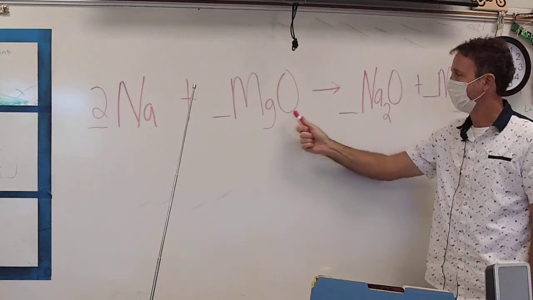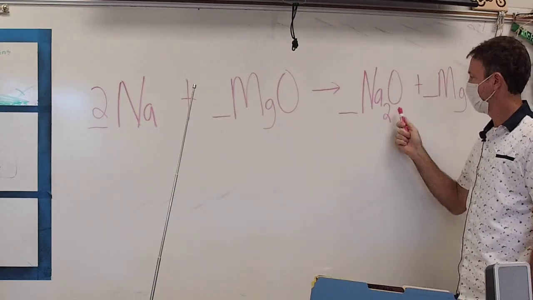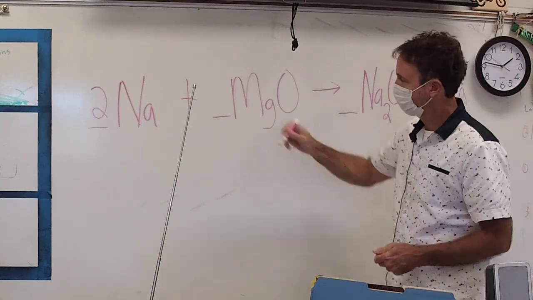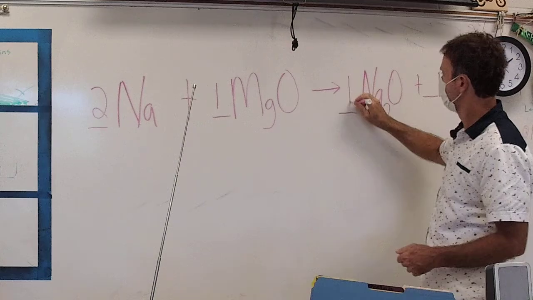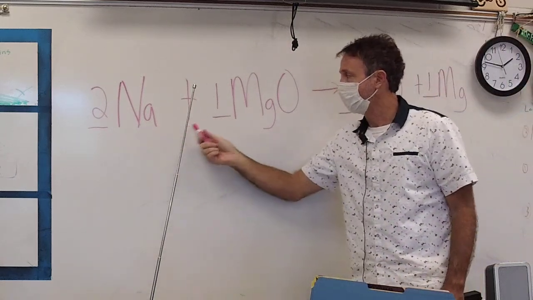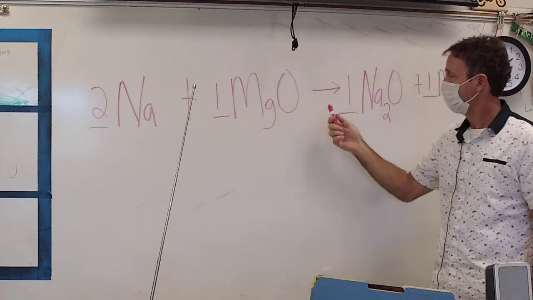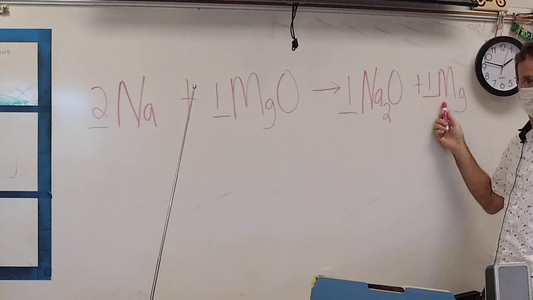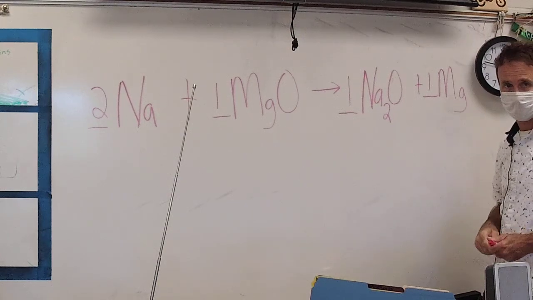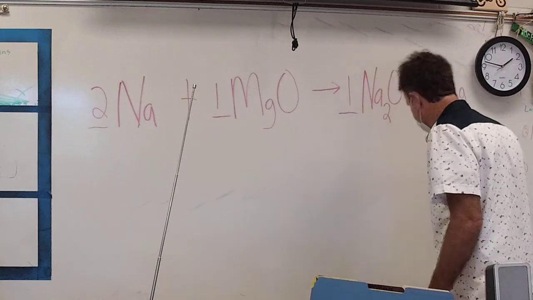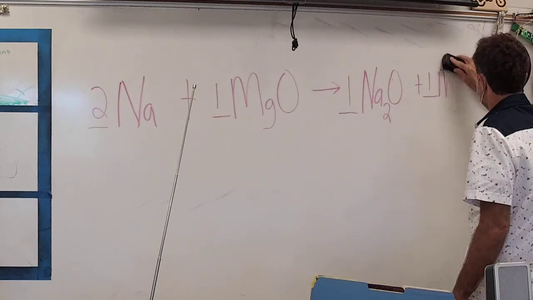And then there's one oxygen here and one oxygen here. We're done. Fill in your blanks with 1. And 2 sodiums and 1 magnesium oxide make 1 sodium oxide and 1 magnesium. That's it. It's done. Some of them are very, very simple to balance. And let's do one more.